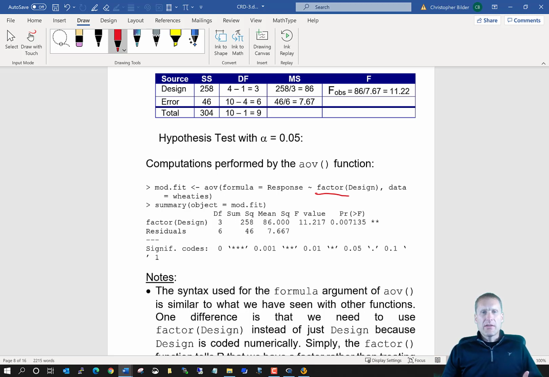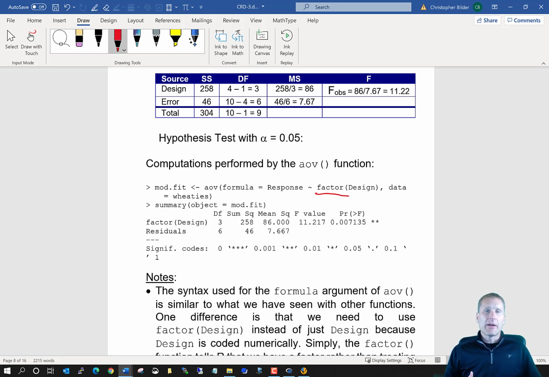R, please treat these as actual factor levels, rather than, let's say, thinking of factor level 4 being greater than factor level 1, because it's written as a numerical value. So again, what this factor function is doing is telling R to treat this coding for the design types as a categorical or qualitative set of levels: 1, 2, 3, and 4, where 3 is not greater than 1, 2 is not less than 4, and so on.